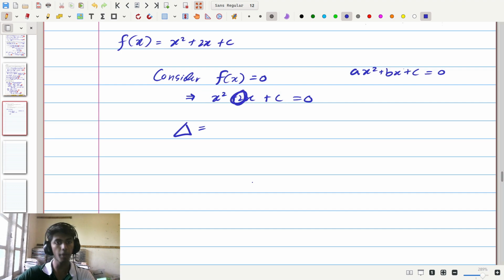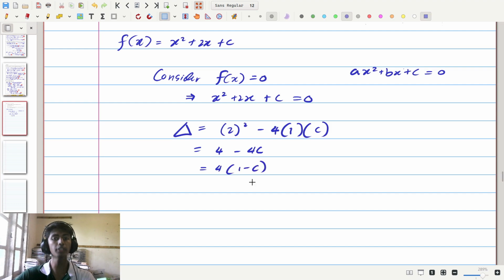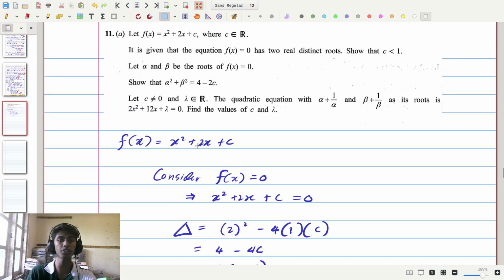And therefore, if we substitute that into delta, delta is going to be equal to b squared, which is 2 squared, minus 4a, which is 1, times c, which is c. And then if we simplify, we get 4 minus 4c, which is equal to 4 times 1 minus c.